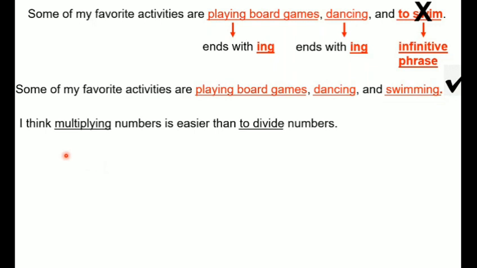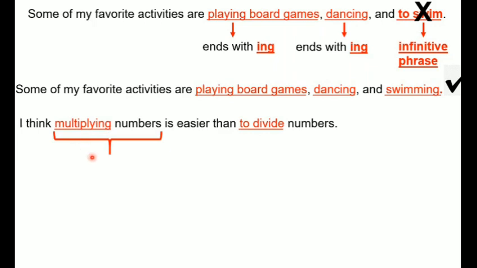Okay, another one. I think multiplying numbers is easier than to divide numbers. Now, by the way, this is not explained in your module, so I'd like you to take this down because this is very, very important. The first element here is multiplying, and the second element here is to divide.